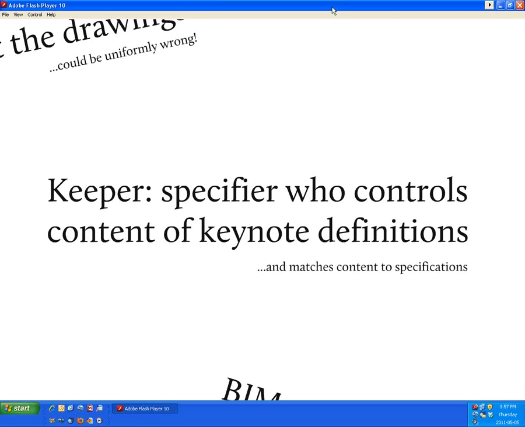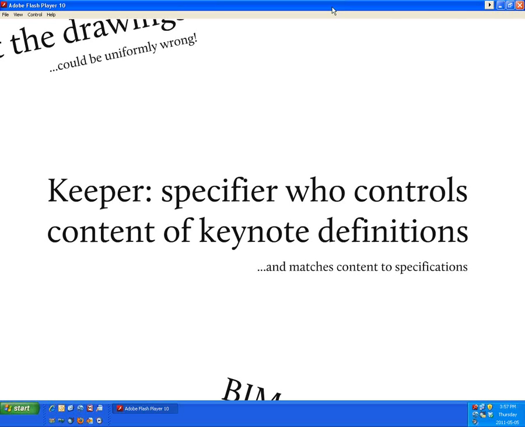We will develop the keynote list based upon what we see in the model and what we discuss with the architect, turn the keynote list over to the BIM manager, and he will insert it into the model. At that point, if anyone does need changes, they have to contact us to make the updates to the keynote list.